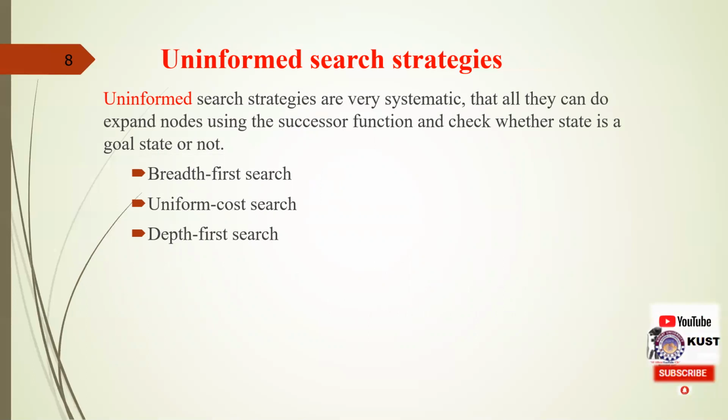Uninformed search strategies are very systematic; all they can do is expand nodes using the successor function and check whether a state is a goal state or not. The following uninformed search strategies will be discussed: breadth first search, uniform cost search, and depth first search.